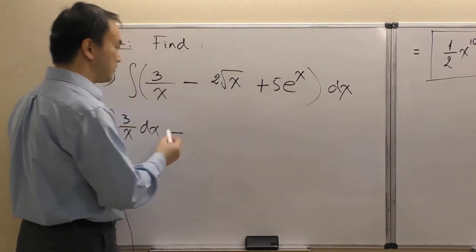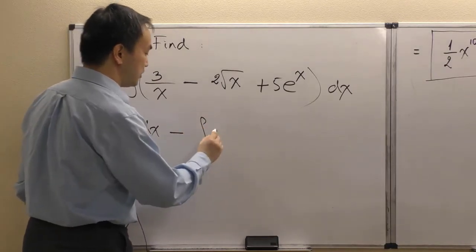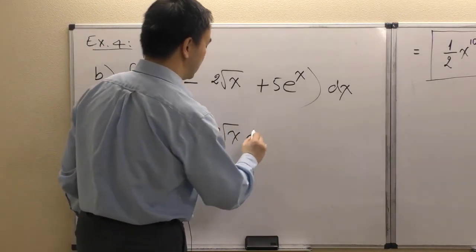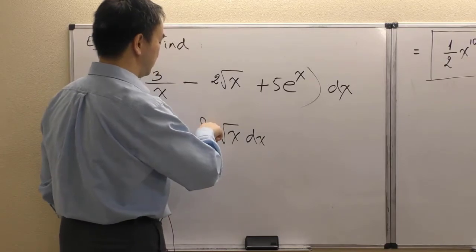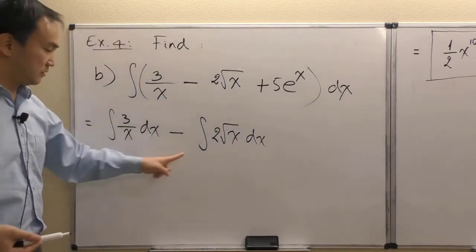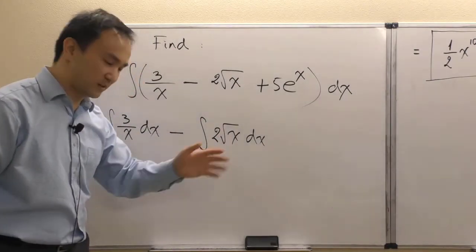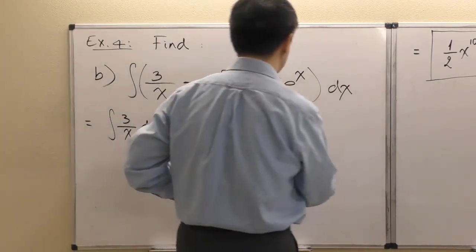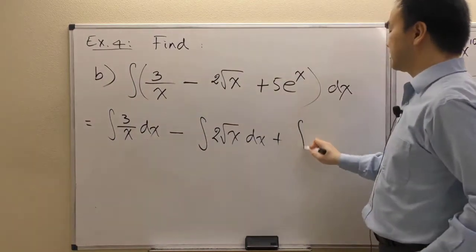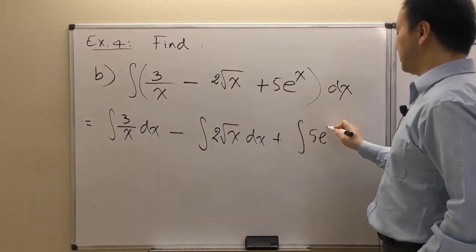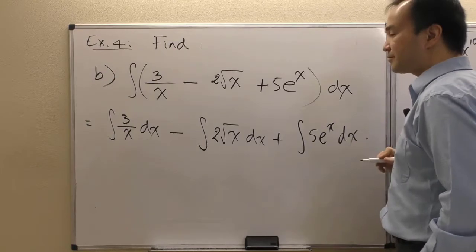And then the next term of our antiderivative has to be for 2 square root of x dx. Okay, the symbol together here is one symbol for finding the antiderivative. Now plus taking another antiderivative for 5e to the x dx here.